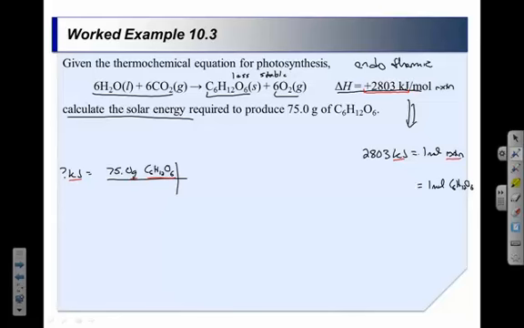C6H12O6 is equal to the number of grams I would get if I add all those masses on the periodic table. So 6 times 12.01 plus 12 times 1.008 plus 6 times 16 gives me 180.16 grams. So I can use that.